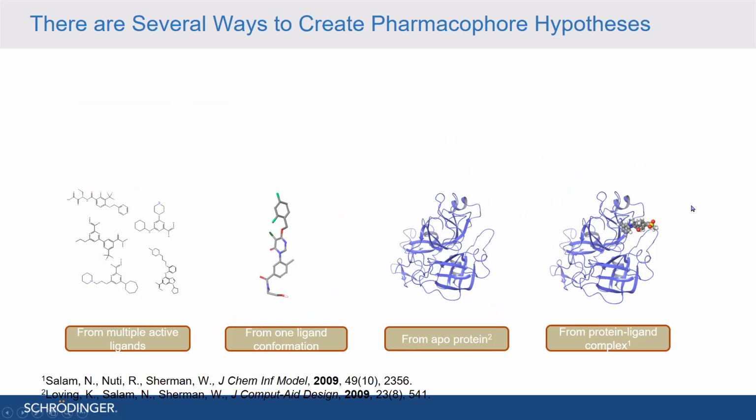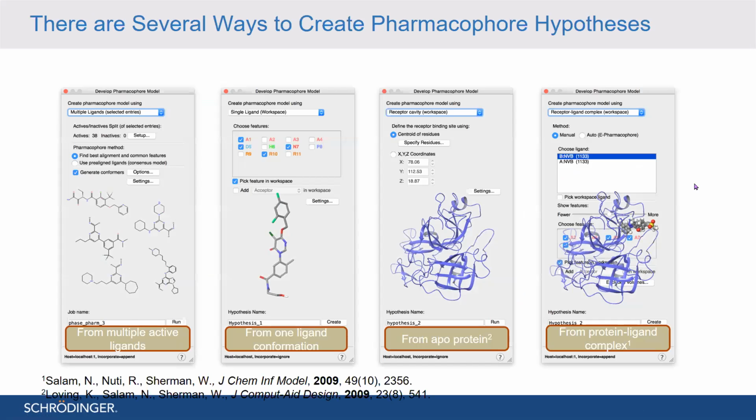The fourth scenario is a protein-ligand complex. In Schrodinger, it's very easy to perform all these tasks. Don't think these are four different panels. This is a single panel where only the drop-downs change. I'll show you how it is soon. Remember, all these four panels are the same.